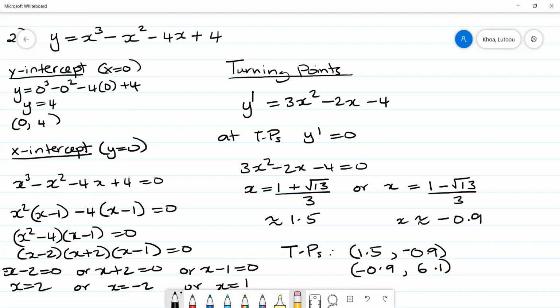Those are my turning points. To get these y coordinates, you just take the 1.5 and substitute it into this equation, and then you can get the y value.